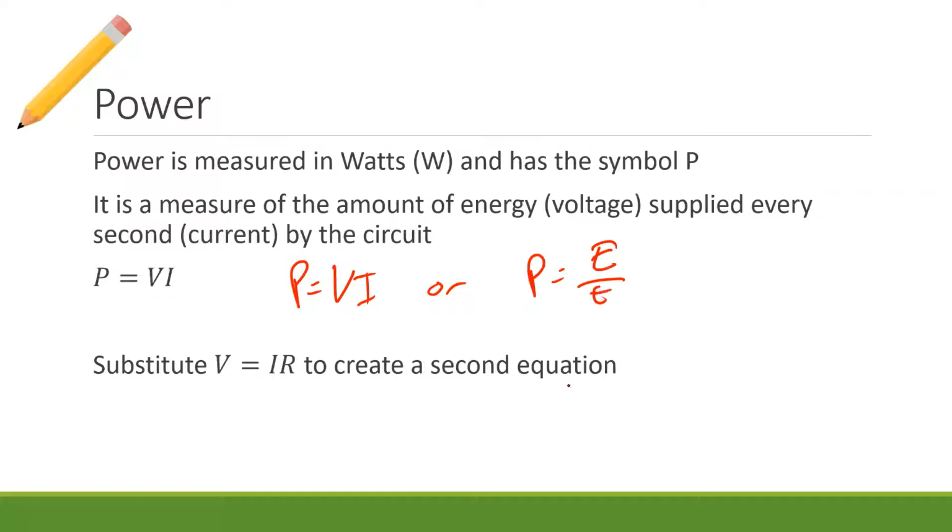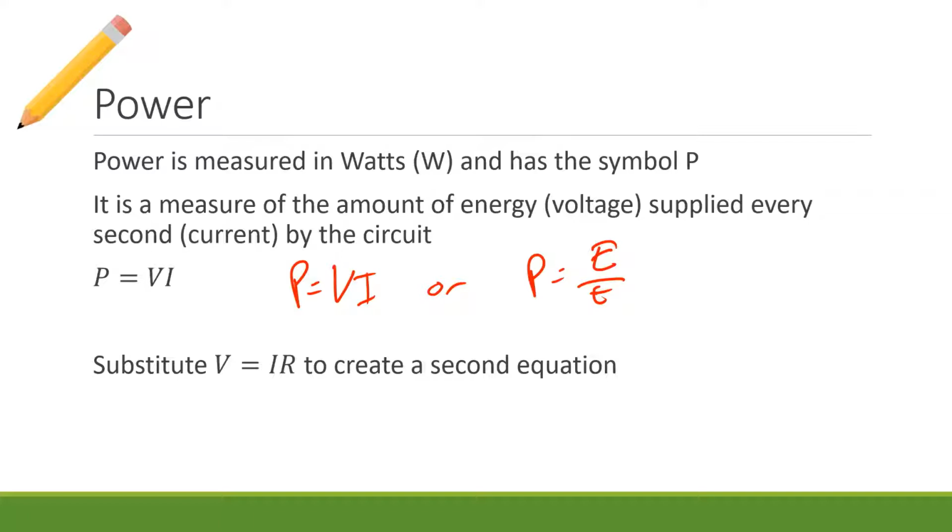How much energy is there per second? So if I've got a 60 watt light globe, that means that light globe is emitting 60 joules of energy every second. That's what a 60 watt light globe is.